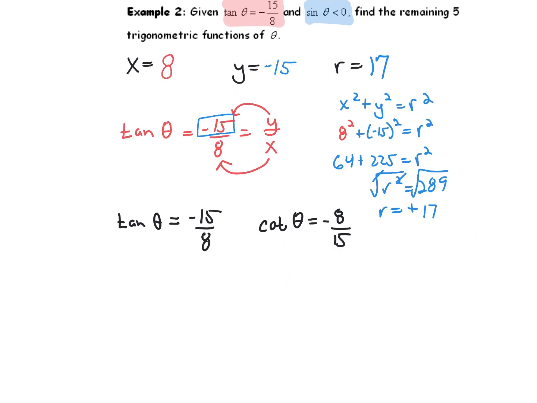So I did tangent and cotangent. Remember that sine is just y over r. So you could just fill in what you know about y. That was negative 15. And then r is 17. And then the reciprocal of sine is cosecant. So I just got to flip that.